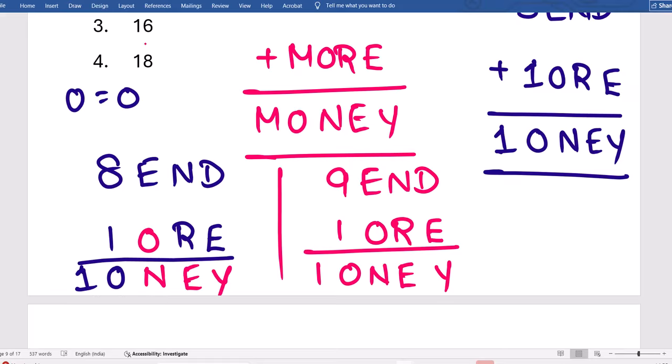No, this is 0. Here 1 carry required. E plus 0 plus some carry: maximum should be 1, or it can be 0. If E value is 9 and the carry from the previous one is 1, 9 plus 1 is 10. N must be 0, problem. It's not possible. S must be 9 only.